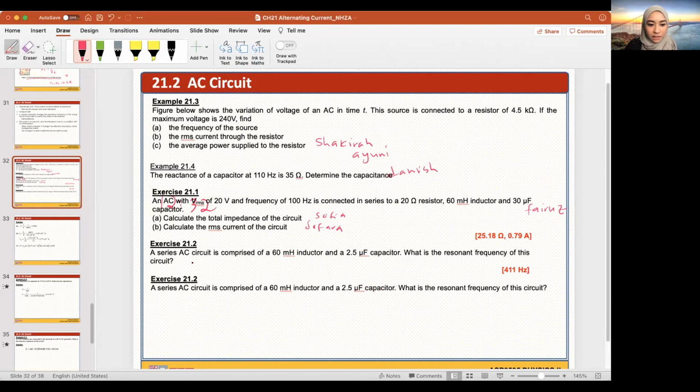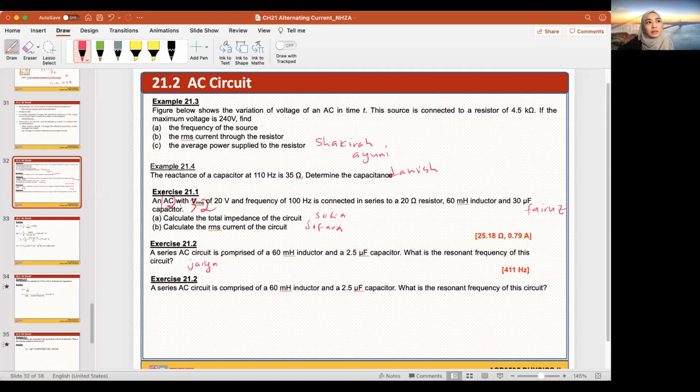Lama tak panggil Divya rasanya. Is Divya there? So Divya is not there. Jaya, is Jaya there? Then macam baru panggil. Ada? Okay, Jaya exercise 21.2.